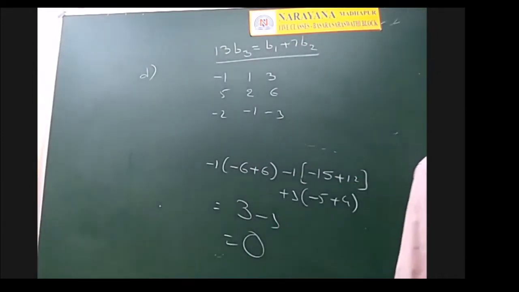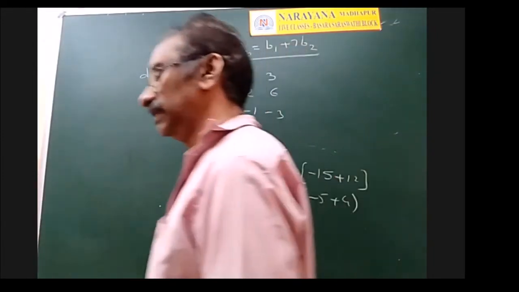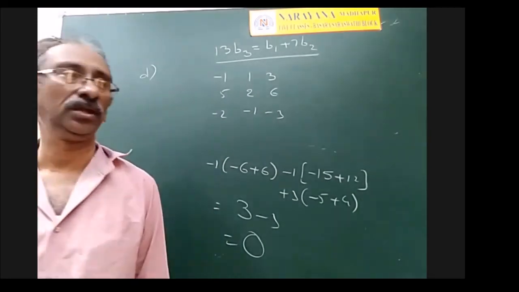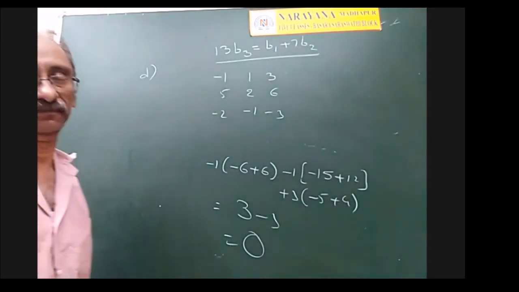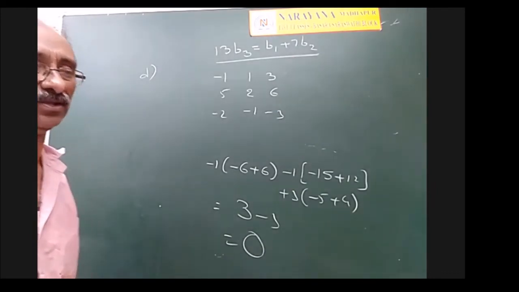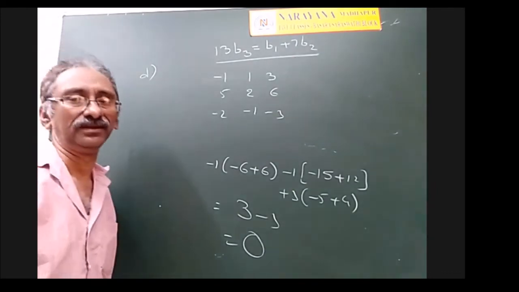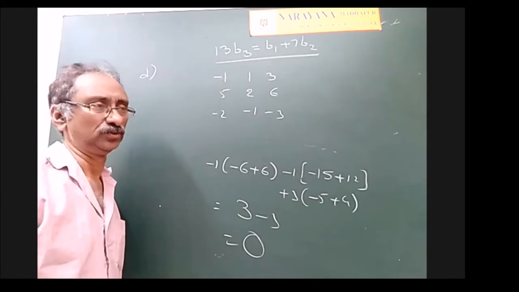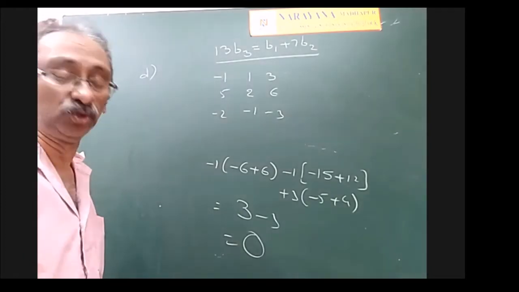Determinant 0 means what it gives us? That means this equation has either infinitely many solutions or no solution. But we have to get infinitely many solutions, that means at least one solution. So what condition should it satisfy?